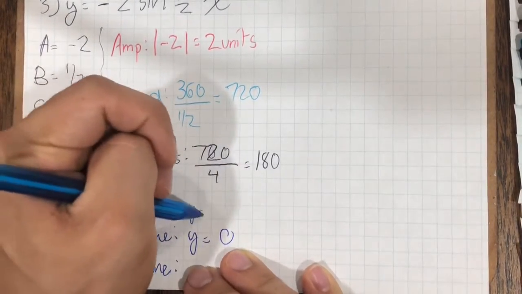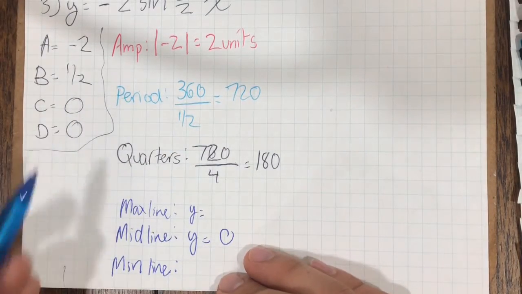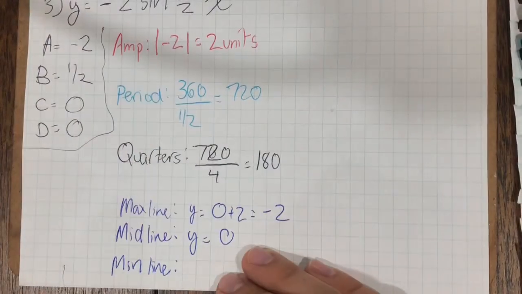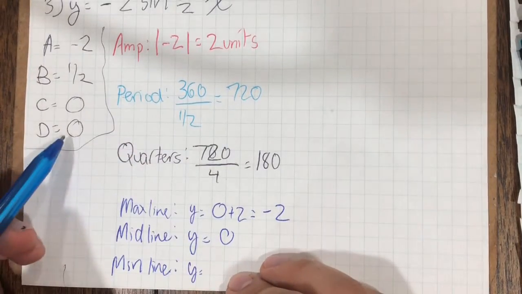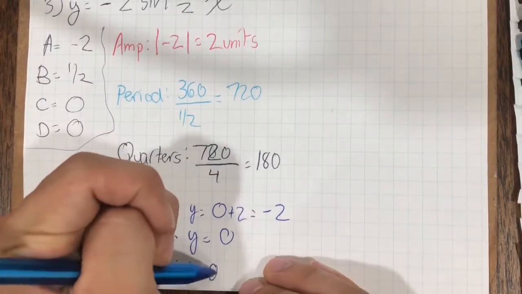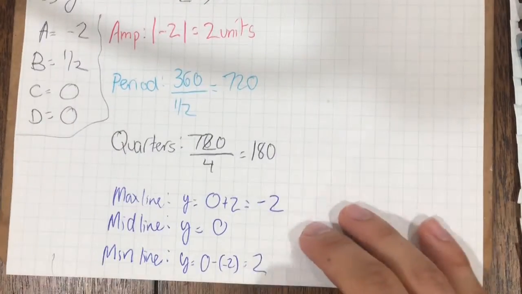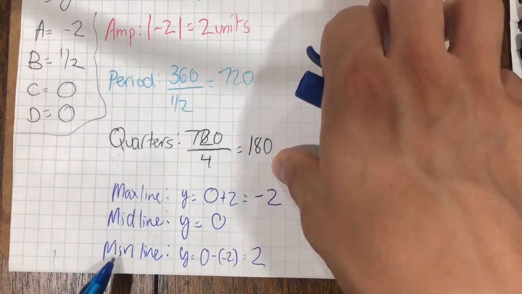So I have y equals, for the max line, I take my numbers for d and a and add them to each other, and I get -2. And then for the min, I have y equals d minus a, so 0 minus -2, that's going to give me a +2. So I have my lines for the midline, the max line, and the min line.